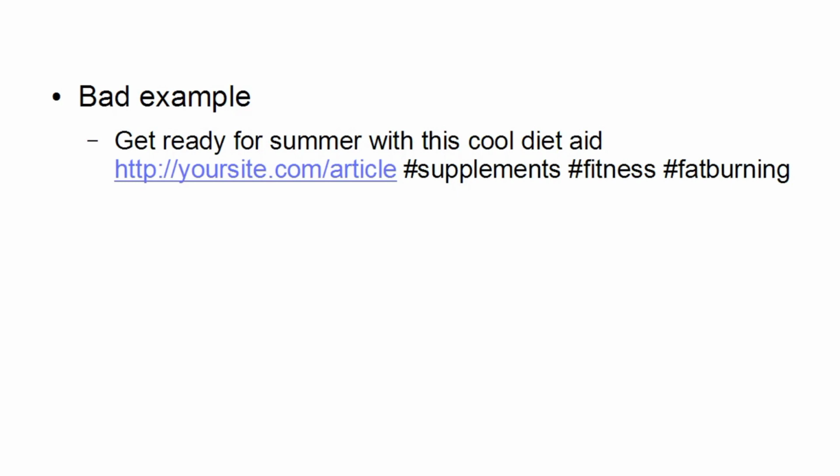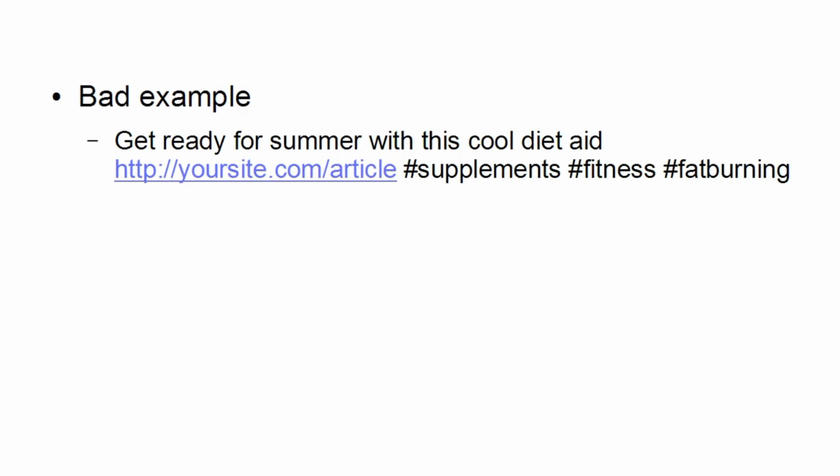Well, that's very salesy, and people know that if they click on the link and go to your blog, they're just going to get a sales pitch, something that they don't really want. People don't like to be sold to. They like to have information so that they can make an informed decision, but something that's a blatant sales pitch is going to get ignored.